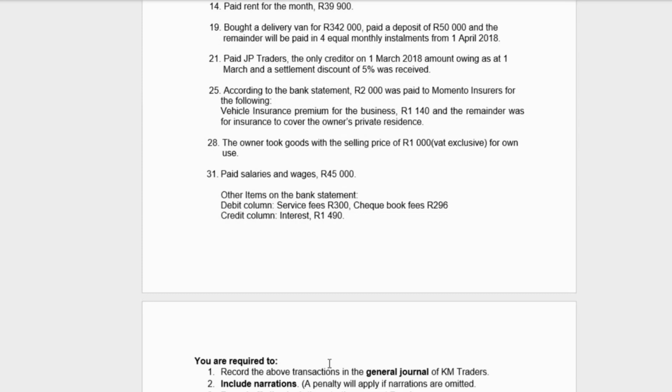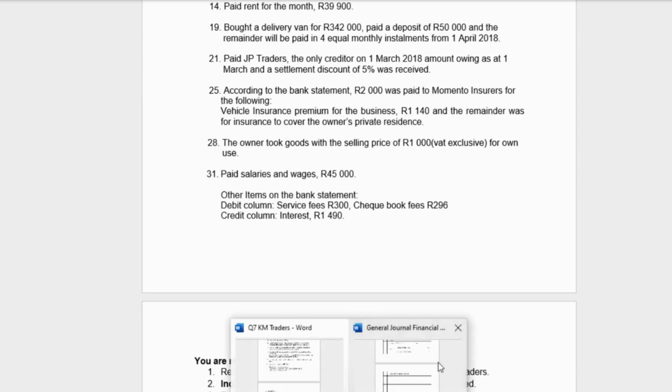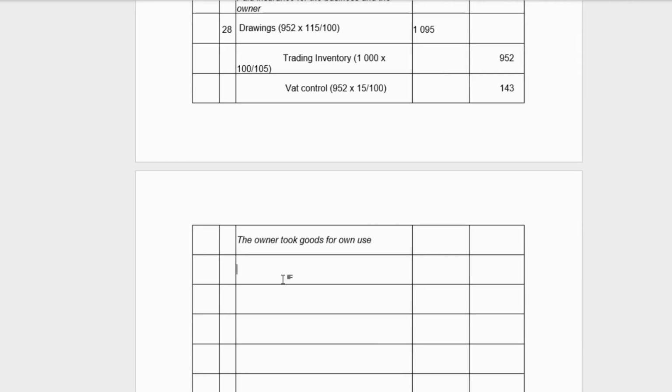So let's see how we record this transaction. Paid wages and salaries, 45,000. So two accounts affected here are bank and salaries and wages. So let's go and record that. It's transaction 31, the transaction that happened on the 31st.